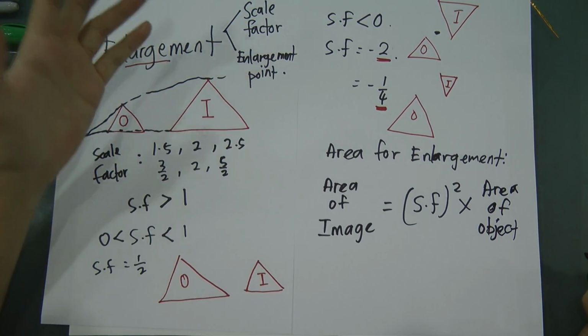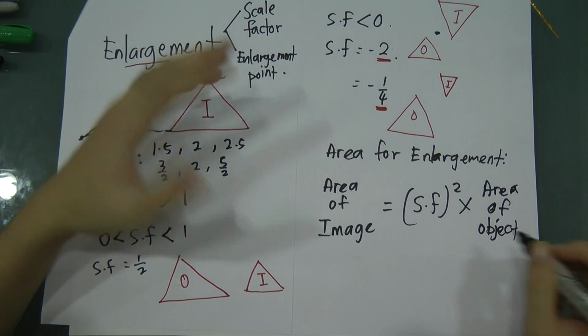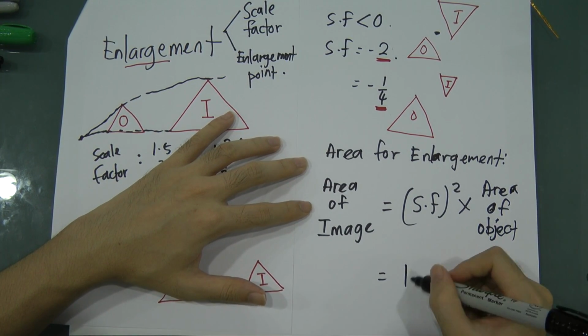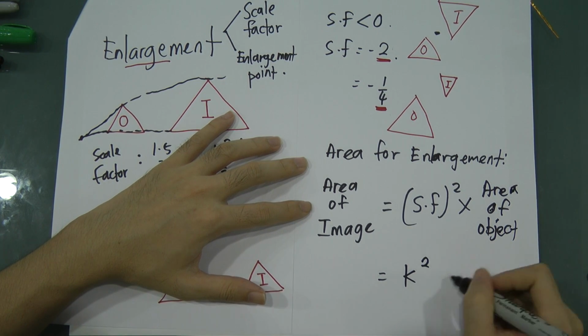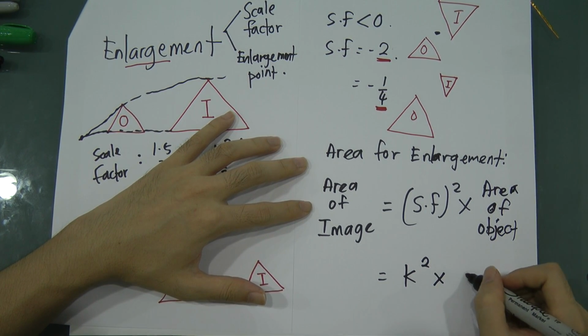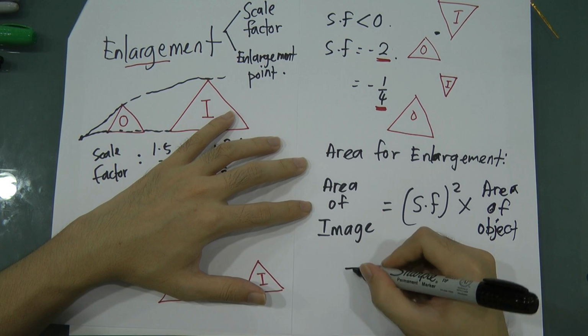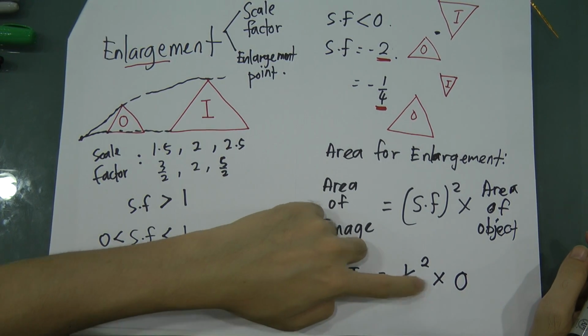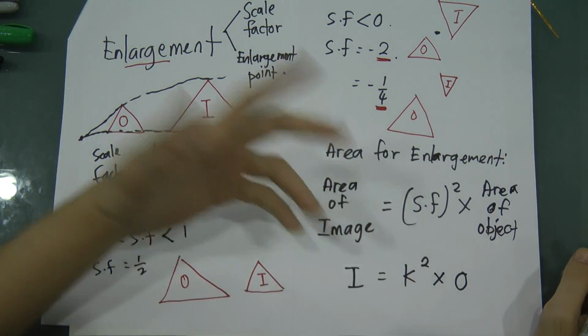That's all. Some of your reference books use the symbol K to represent scale factor, so it is K squared multiplied by the area of the object. Normally I will write the short form like this: area of image equals scale factor squared multiplied by area of object.